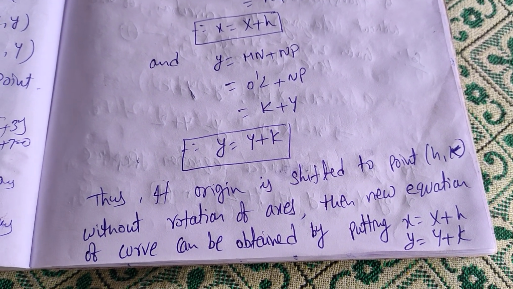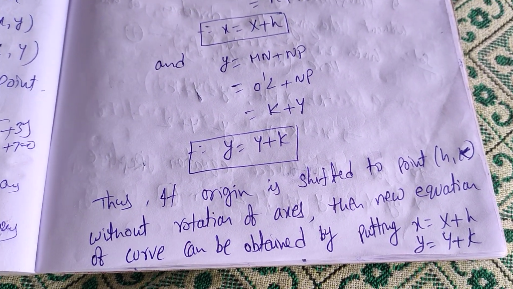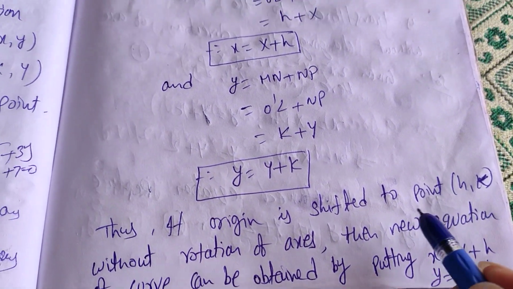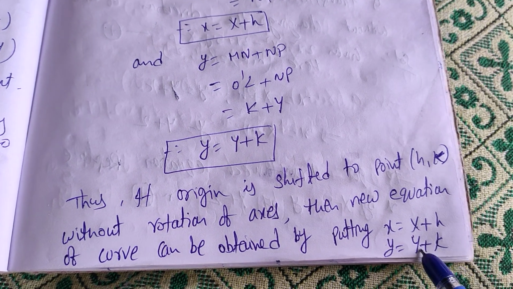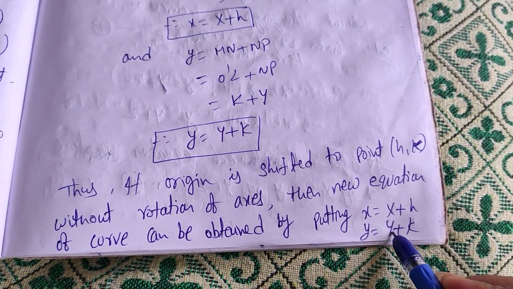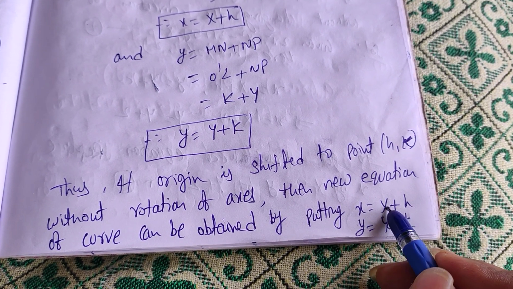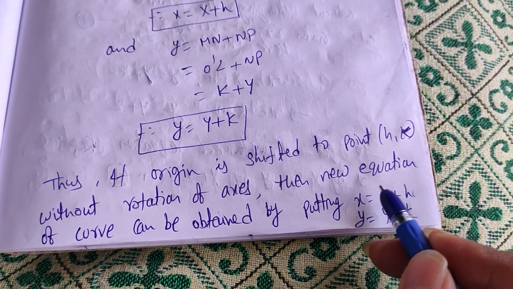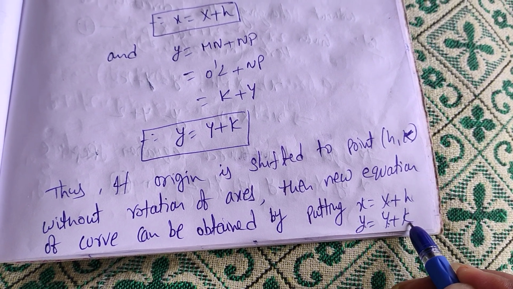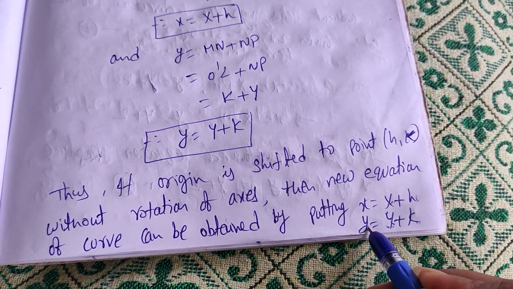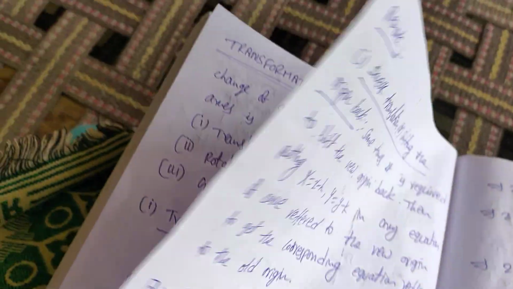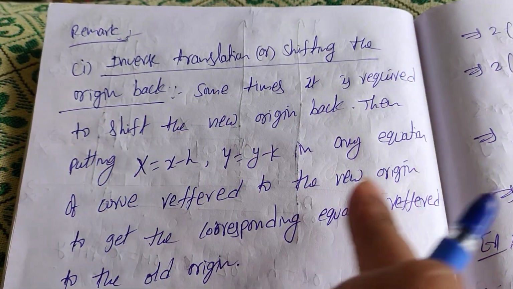Similarly, if you want to get the original equation, if they are given the transformed equation, that means given in terms of capital X comma capital Y, then just replace capital X comma capital Y by x minus h, y minus k. Because small y is equal to Y plus k, so capital Y is equal to y minus k, and capital X is equal to x minus h. Okay, just I have given the same here.